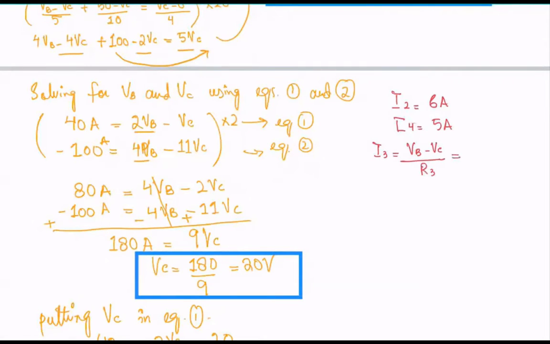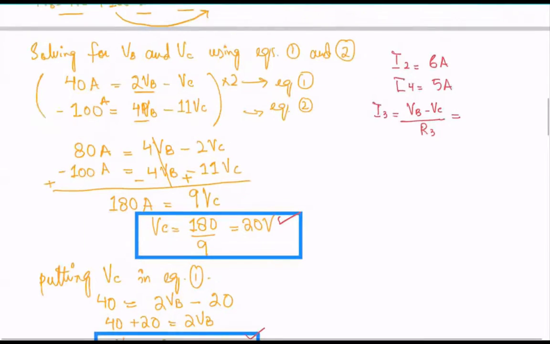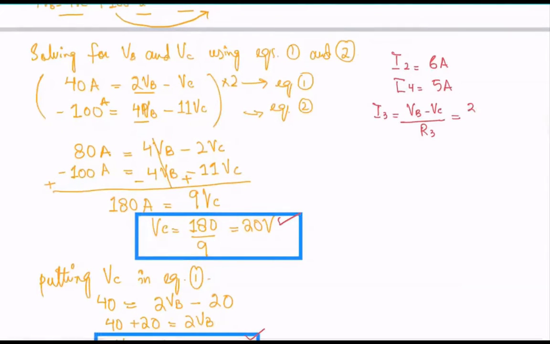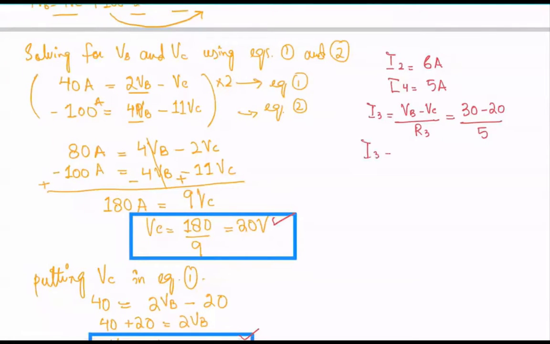Let's plug in the values: VB being 30, VC being 20. 30 minus 20, and then divided by R3, which is 5 ohms. So I3 will be what? 10 divided by 5 is going to give you 2 amps, correct?